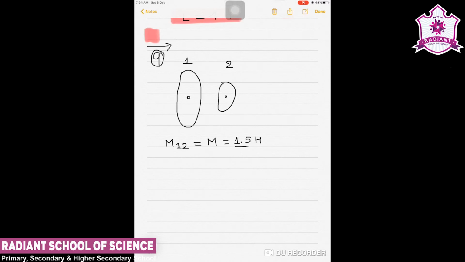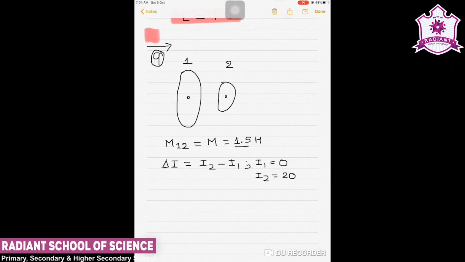If the current in one coil changes from 0 to 20 ampere, we consider that delta I is I2 minus I1, and here I1 is 0, and I2 is given as 20.